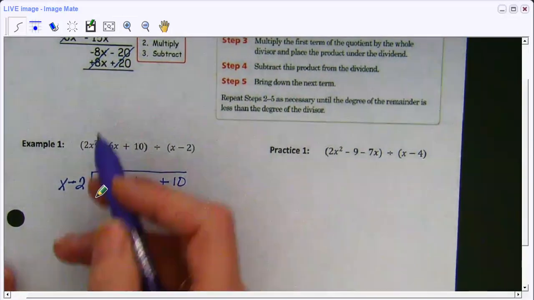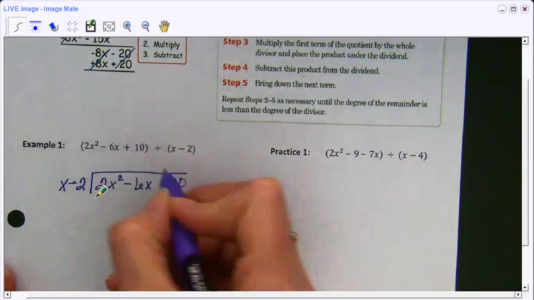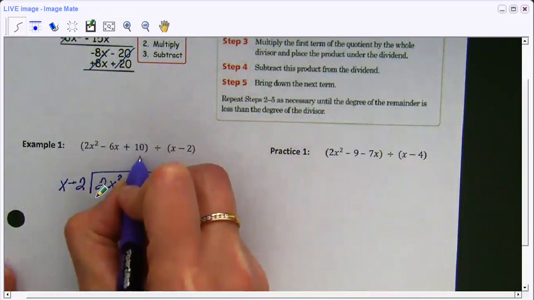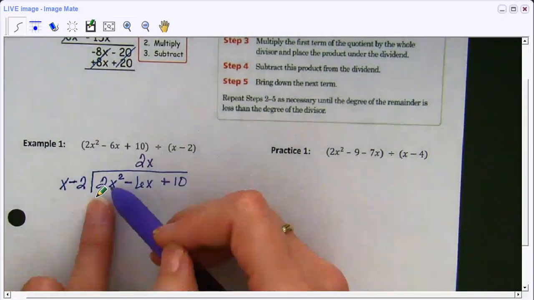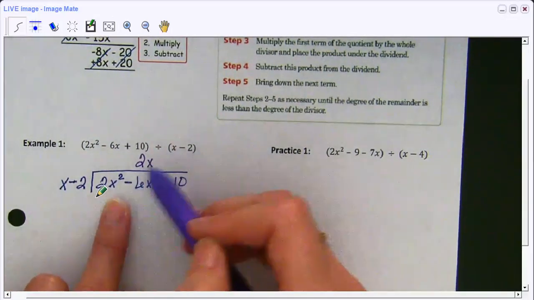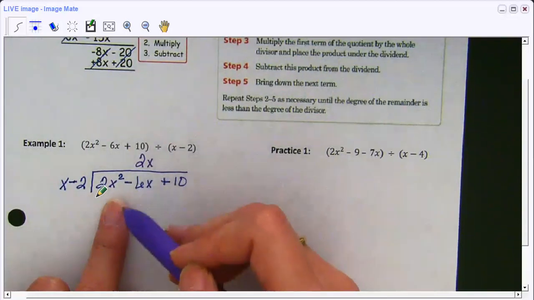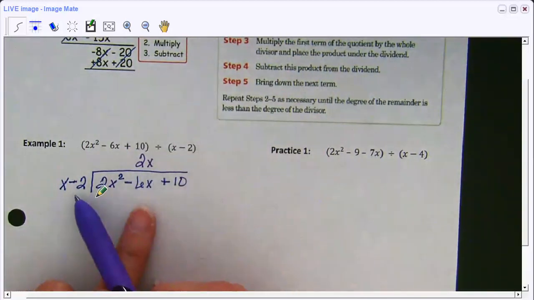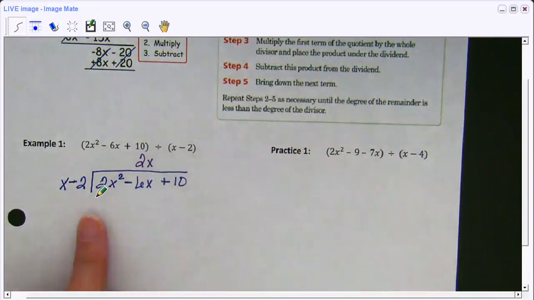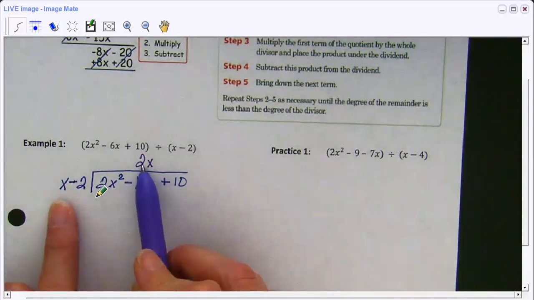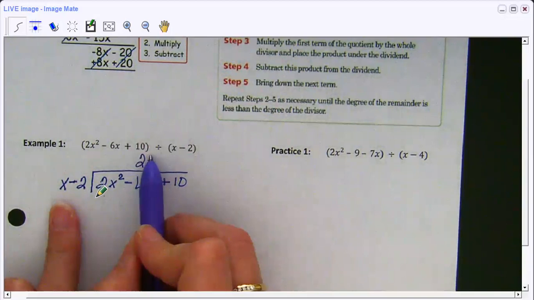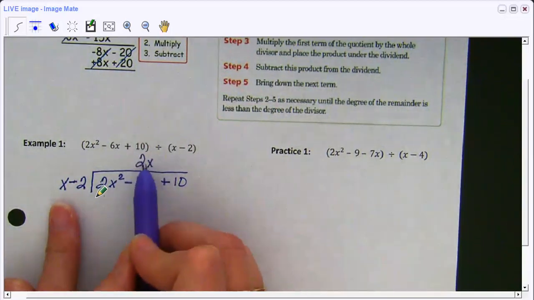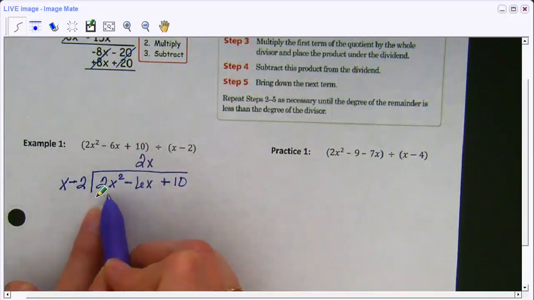Okay, so I know that 2 of these can fit in here. So what I'm going to write up here is 2x. And that's for this 2x squared. Now, the one difference between this and the long division is that because 2x times x is 2x squared, what you're trying to do is find a factor up here that when multiplied by the x will get you your first term right here.